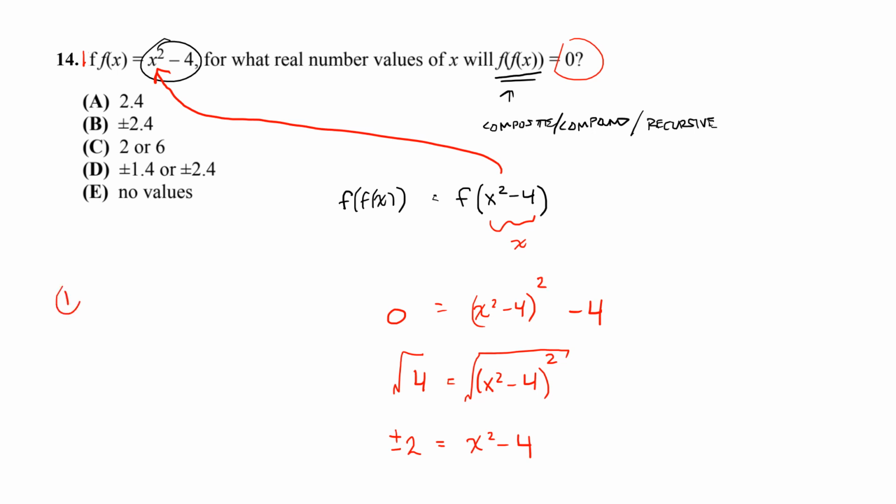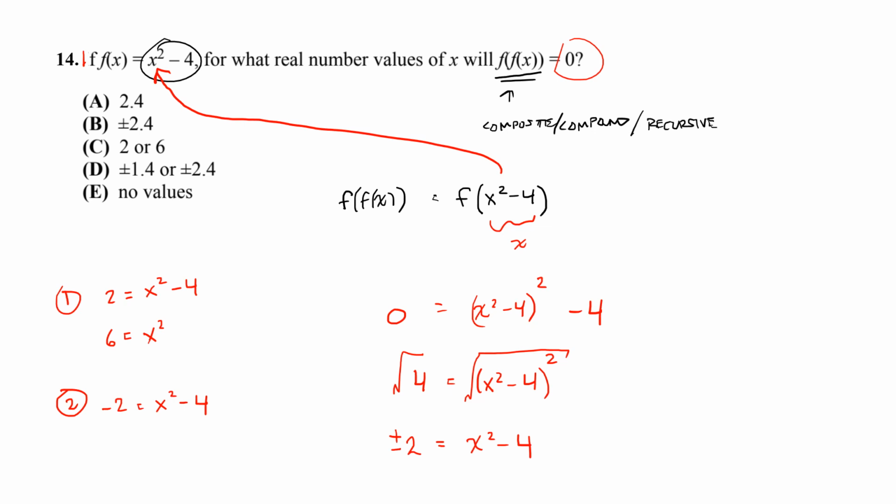There's two ways to go, two solutions. We'll do the plus 2 first. So we have plus 2 equals x squared minus 4. Very quickly solve for x here just by adding 4 to both sides. That's 6. 6 equals x squared. In the second one, we have minus 2 equals x squared minus 4.